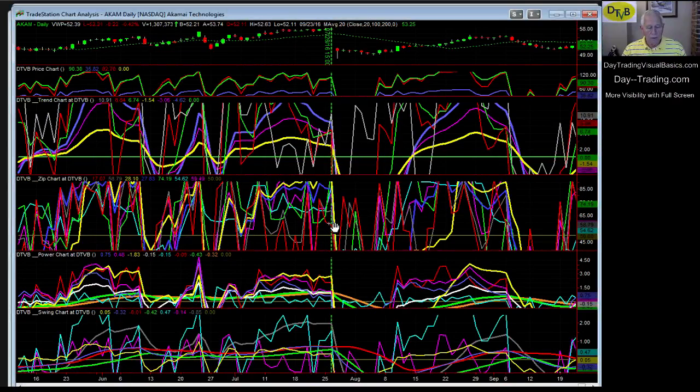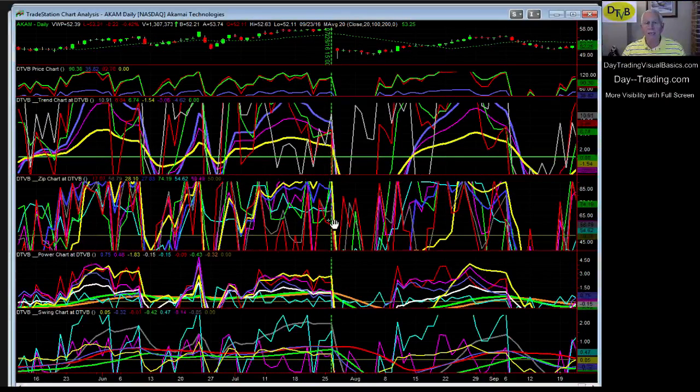And besides the primary observation pattern, and that is the 3 trend narrow lines up, gray, green, and red, and the 3 wide lines, or the trend trio, pink, blue, and yellow, down.